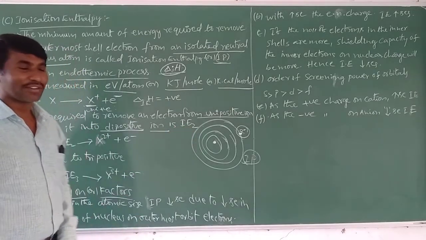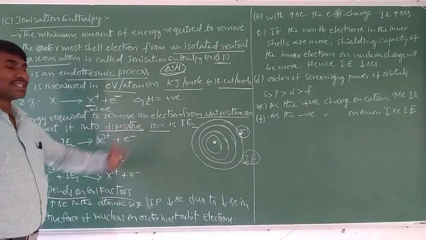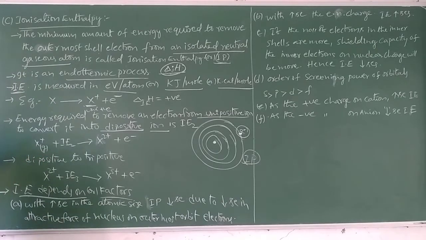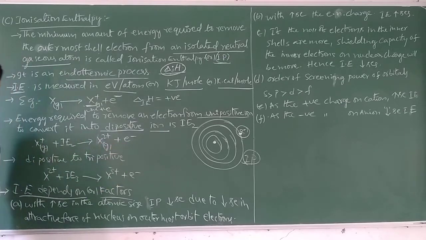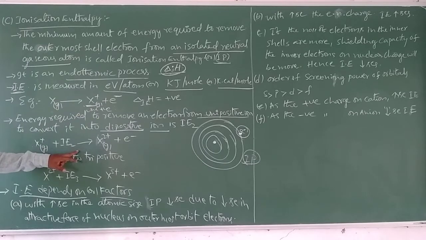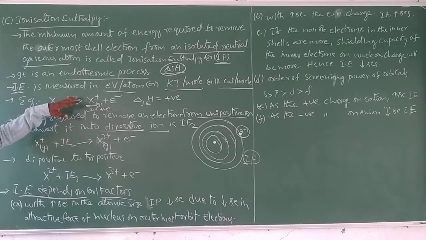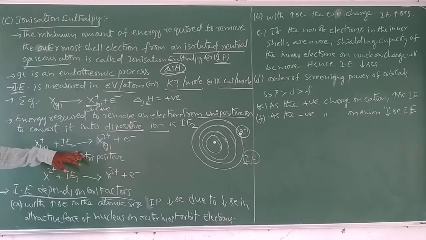So this is the first ionization enthalpy, and this is the second. The reaction is X plus gas, plus IE2 energy, gives X2 plus gas plus an electron. The second ionization enthalpy requires more energy, so the first is less than the second, and the second is less than the third.